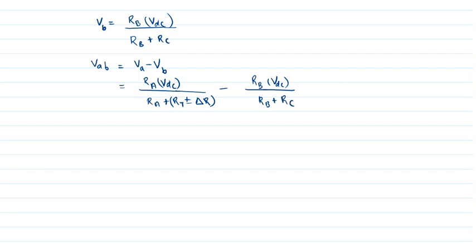This is equation number 4. When RA, RB, RC and RT are equal to R, then we can write VAB from equation 4.